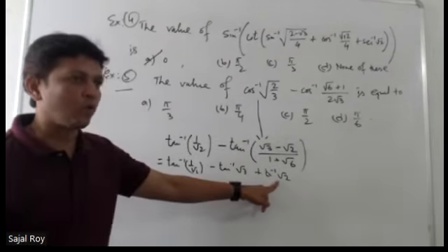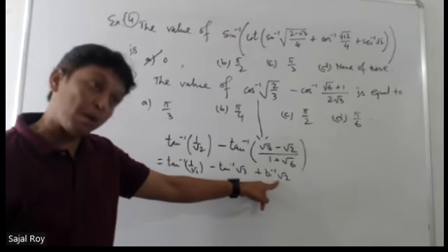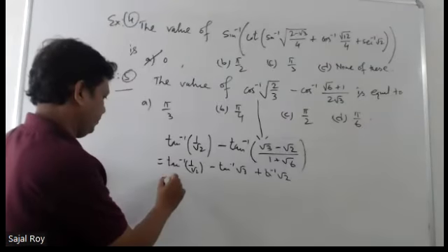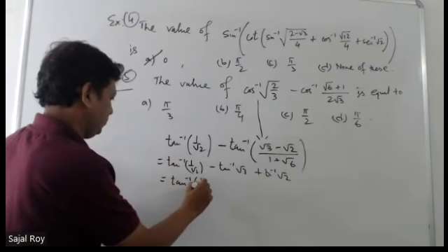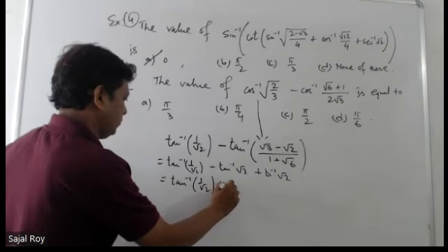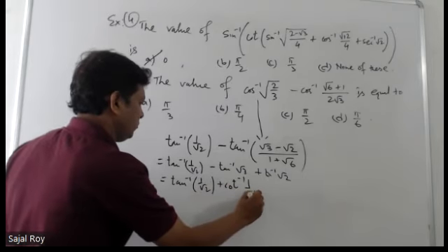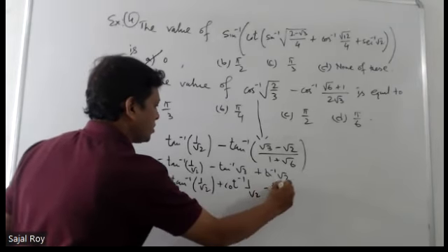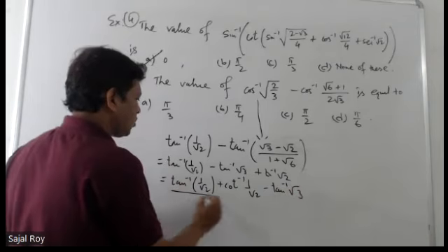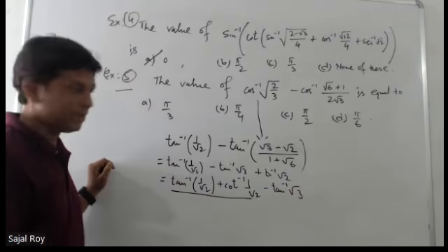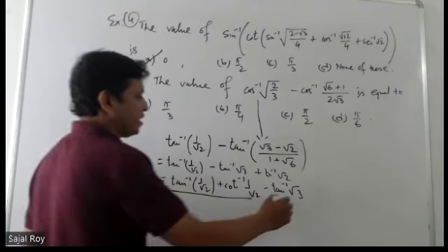And tan inverse root 2 is cot inverse 1 by root 2. Check the properties. So this is going to be pi by 2, pi by 2 minus tan inverse root 3.